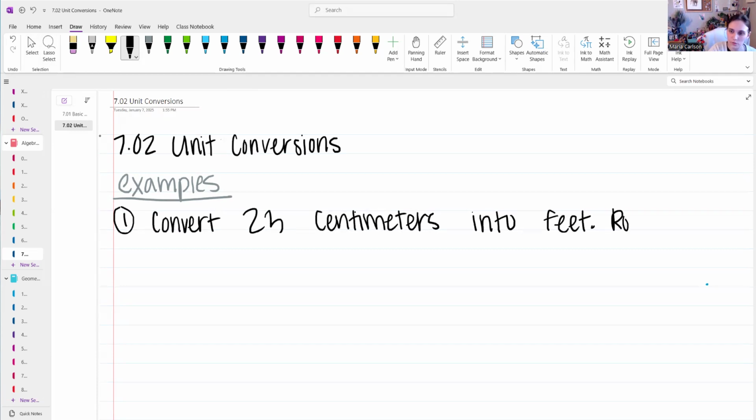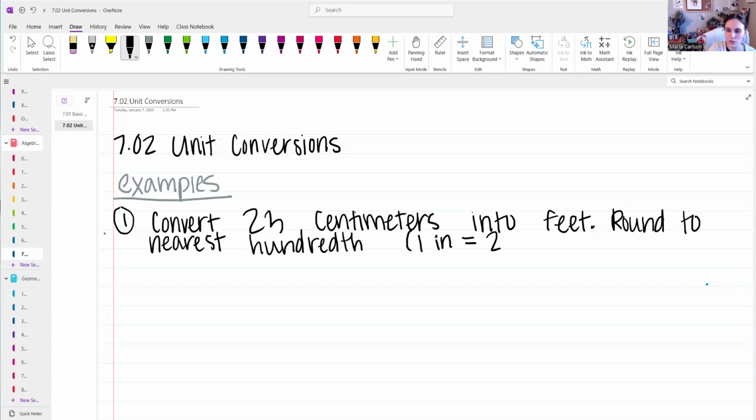And we are going to round to the nearest hundredth. This problem also does give one of the conversion factors. So one of the conversion factors that is given is 1 inch is 2.54 centimeters.